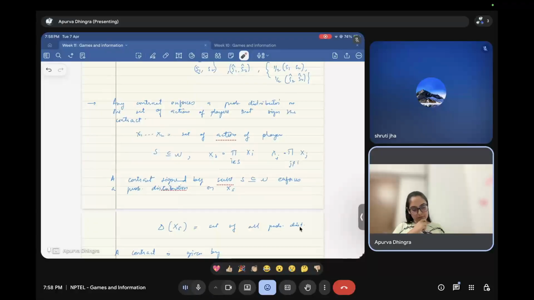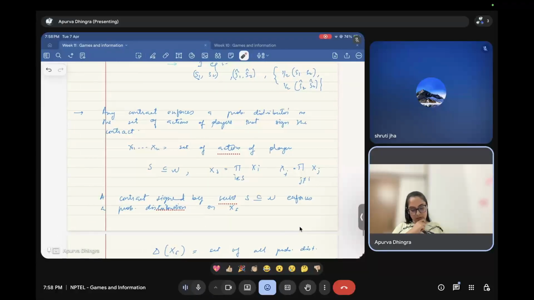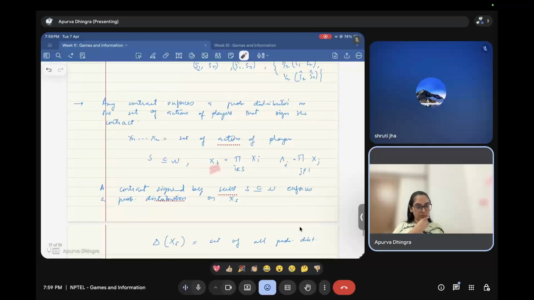So what happens here is, let's say there are a total number of players n, and a subset of those decide to sign a contract, any one contract that we are talking about. Then for all those present in that set, the ones who are signing the contract, let's just call them x of s, there will be some sort of a probability distribution that they'll have.